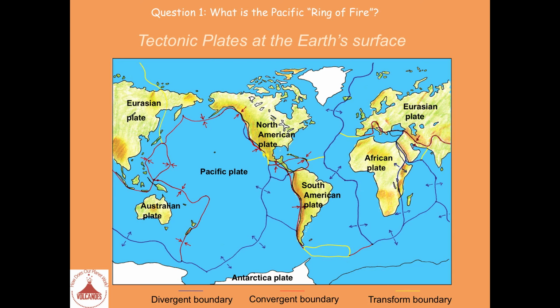One particularly interesting point of the plates is that they have limits, boundaries. And as you can see, I colored them in 3 different ways. The blue limits correspond to divergent boundaries. That means, for example here, on each side of the divergent boundary, the plates are moving away from each other.